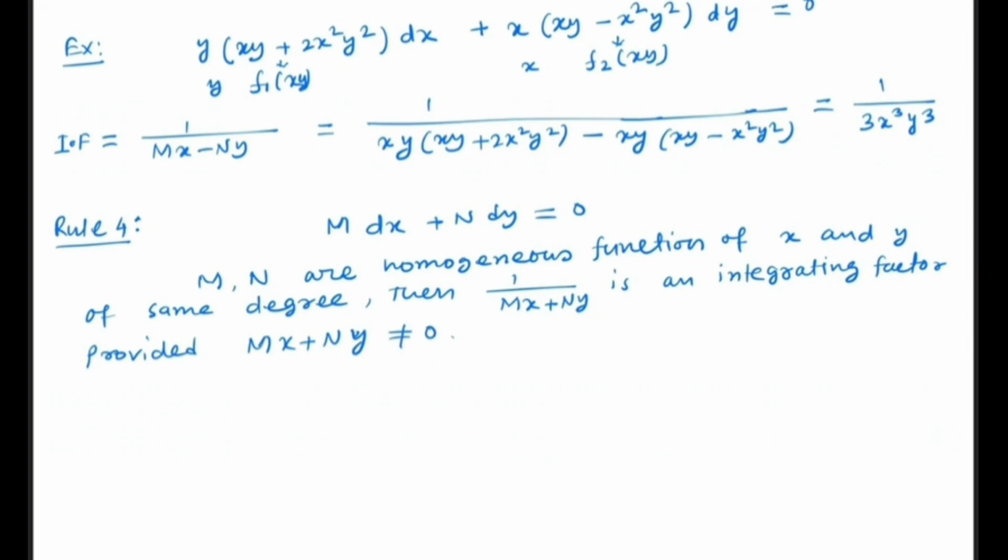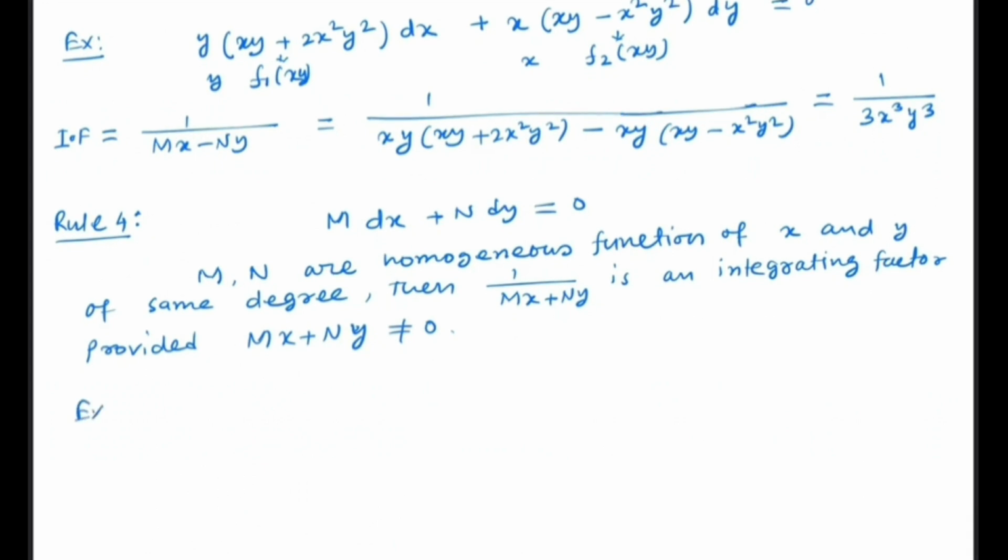So it is saying that if we have equation M dx plus N dy equal to 0, where both M and N are homogeneous functions of x and y of the same degree, then 1/(Mx plus Ny) is an integrating factor provided Mx plus Ny is not equal to 0.